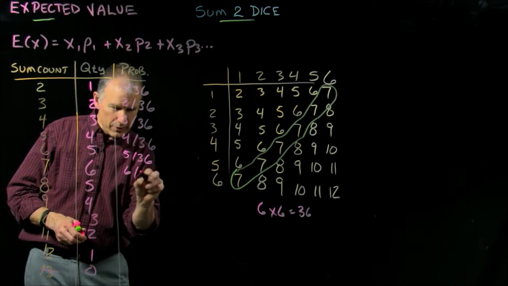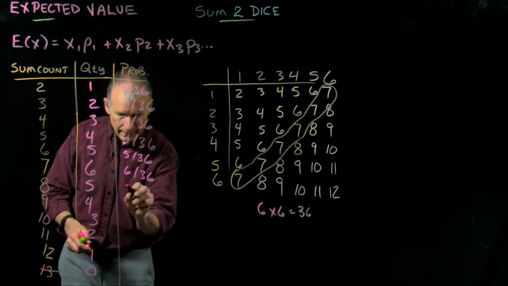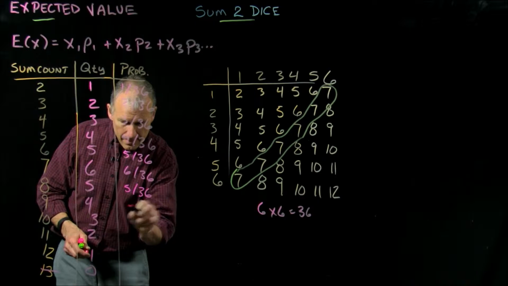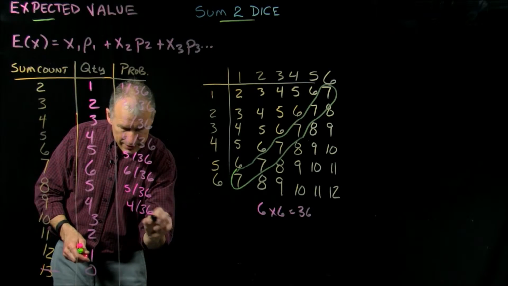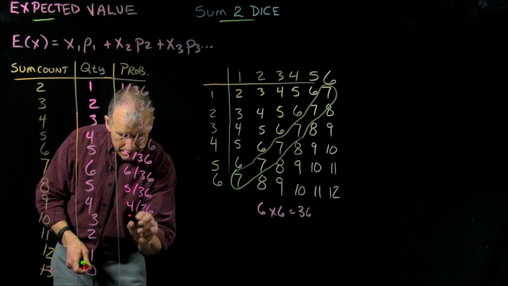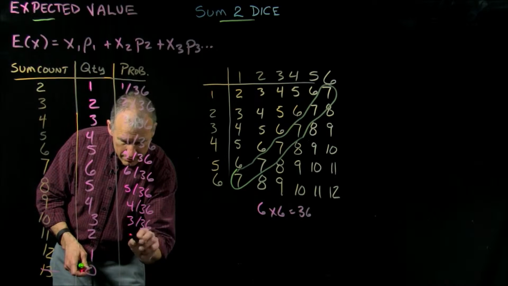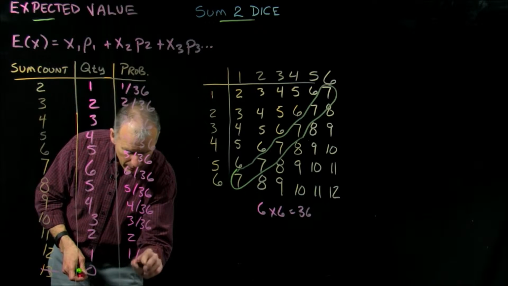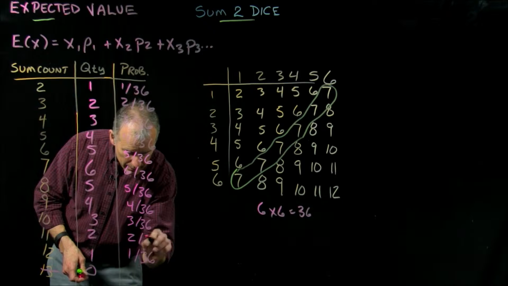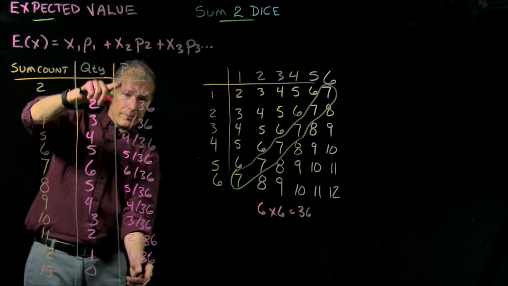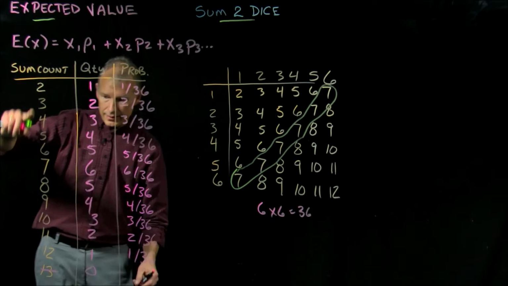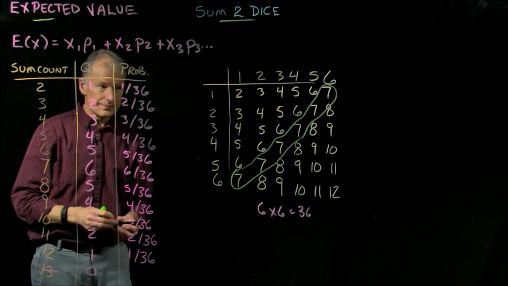And let me just fill this all in here. 4 out of 36, 3, 2. So what we have here now is the probability that any one of these events can occur.